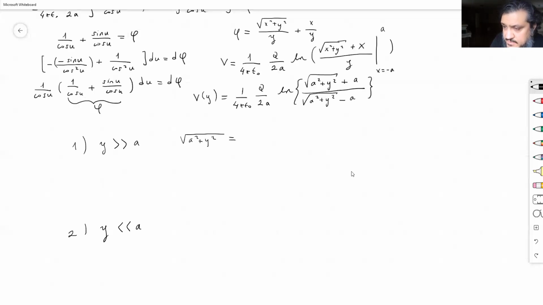And this is equal to, if you factor y out, you will get y squared times a squared over y squared plus 1. And remember, a over y is small.